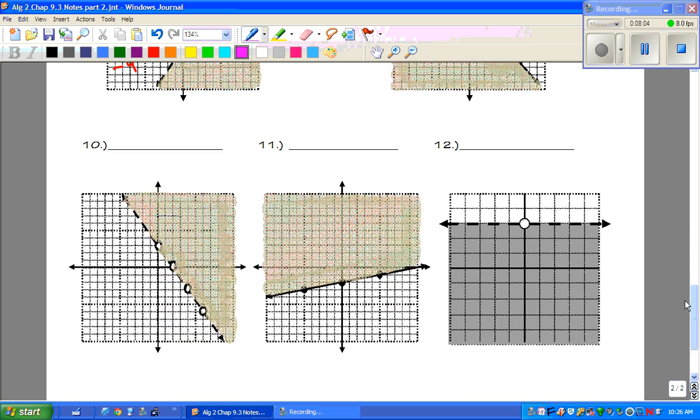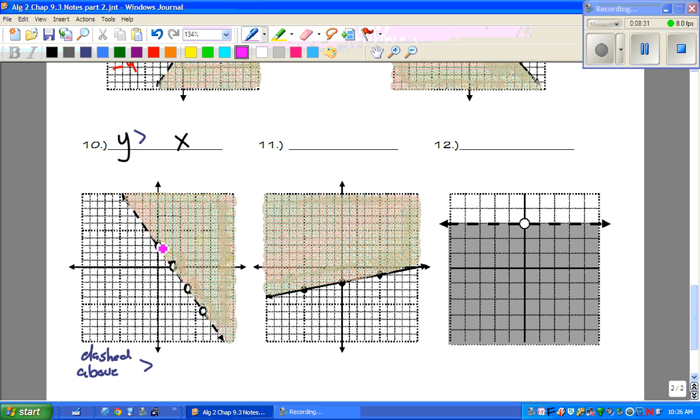Number 10. We'll do 10 together, and then you guys do 11 and 12. So it's a diagonal, so it means we have the two variables, y and x. It's dashed, and they shaded above. So that's the greater than symbol.